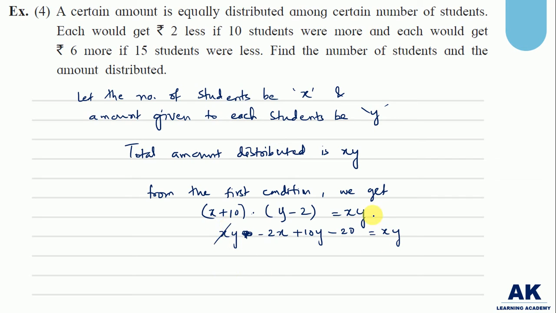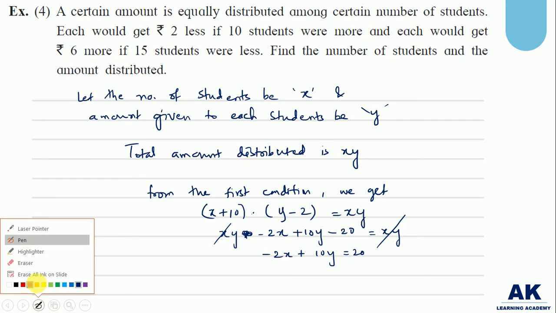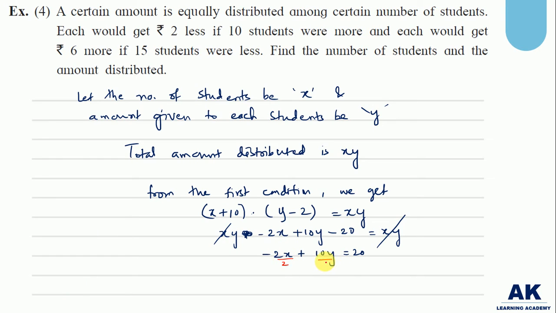So xy and xy get cancelled, so we are left with minus 2x plus 10y is equal to 20. If I divide this equation by 2, we get minus x plus 5y is equal to 10, right? So let's call this equation number 1.